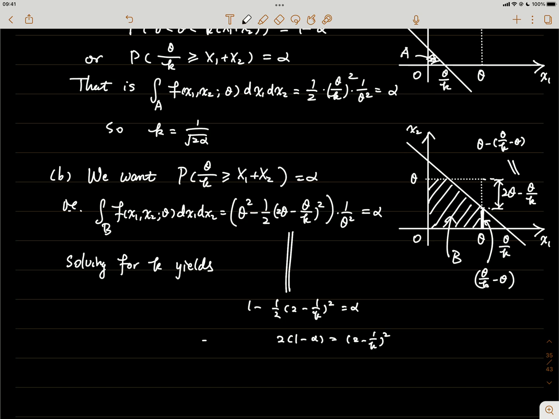This is equivalent to taking the square root: square root of 2(1 minus alpha) equals 2 minus 1 over k. And this is equivalent to saying that k is equal to 1 over (2 minus square root of 2(1 minus alpha)). Okay, so that is the solution.